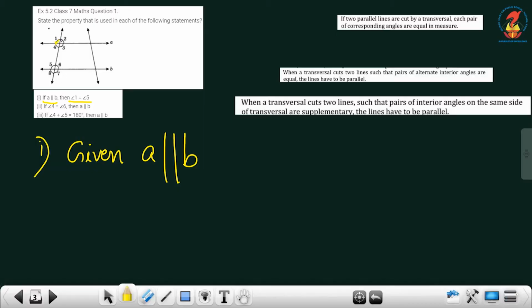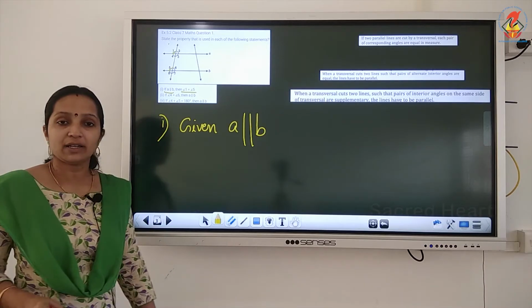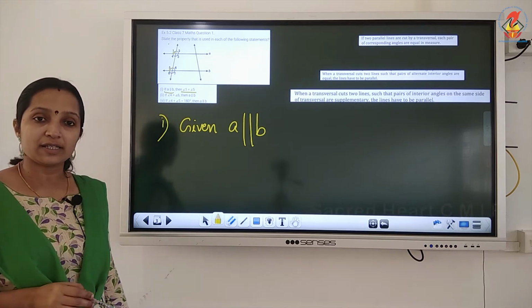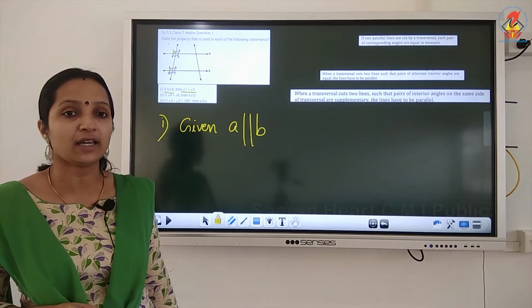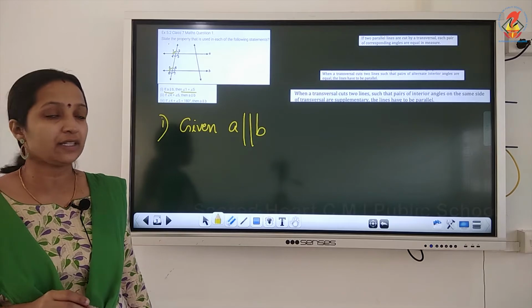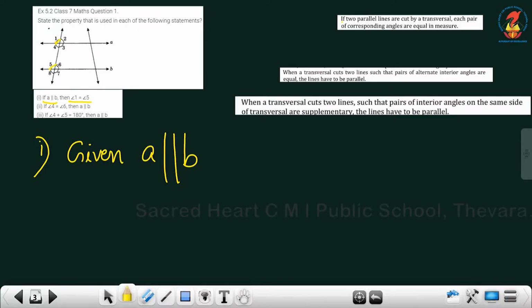Angle 1 and angle 5 are corresponding angles. If two parallel lines are cut by a transversal, each pair of corresponding angles is equal in measure.